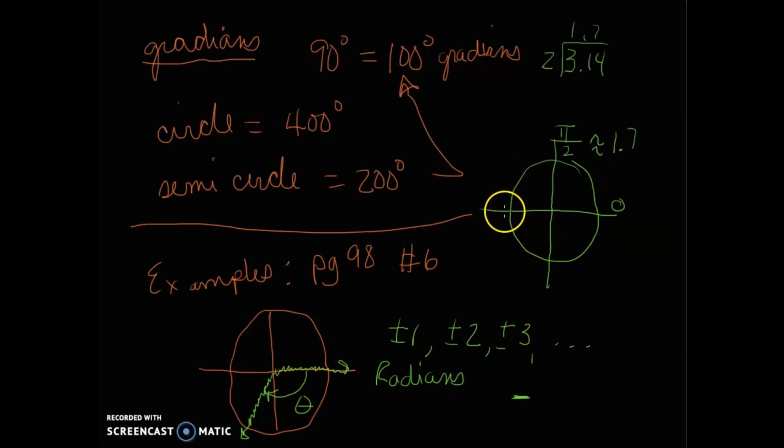Right here is pi, which is approximately, I guess I should use a squiggly, 3.14. And this is 3 pi over 2, which is approximately another 1.7 added to this, so it's 4.84. And 2 pi, if you double the pi, you get 6.28.